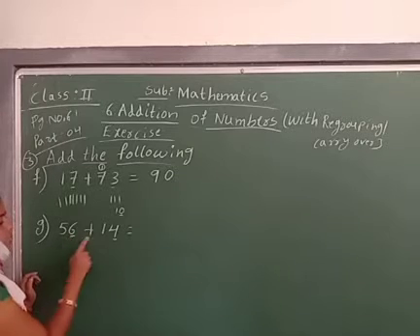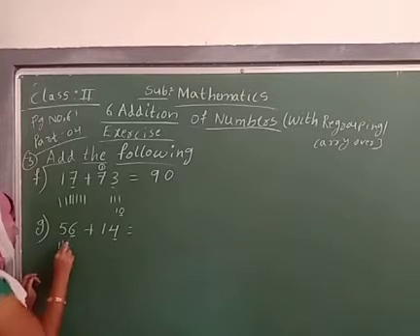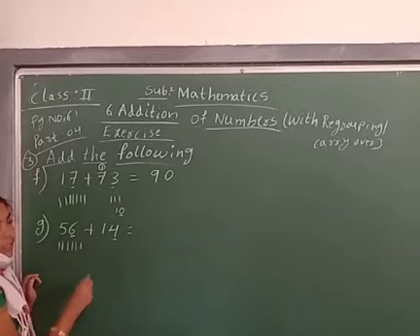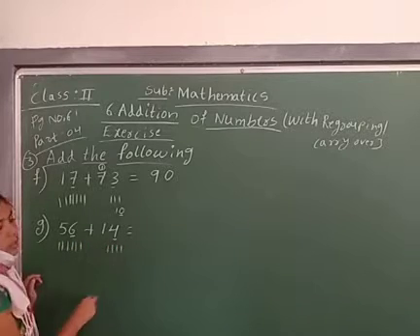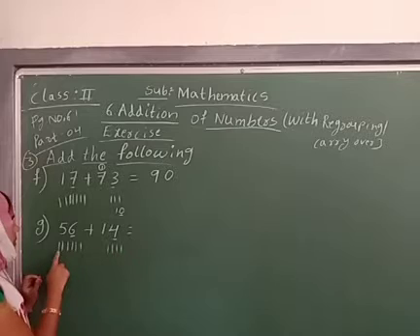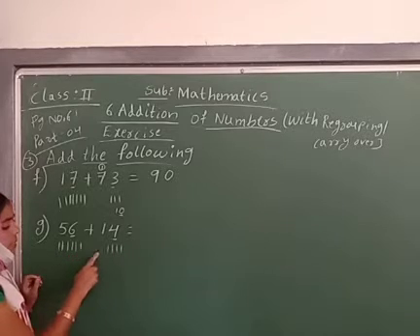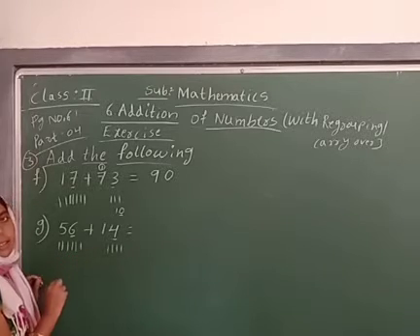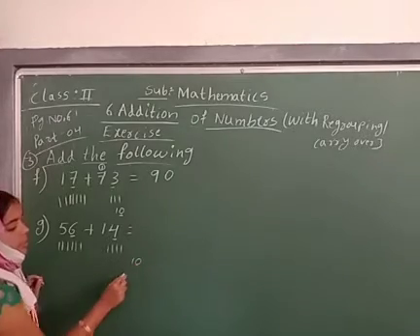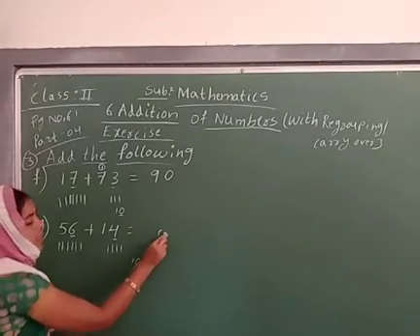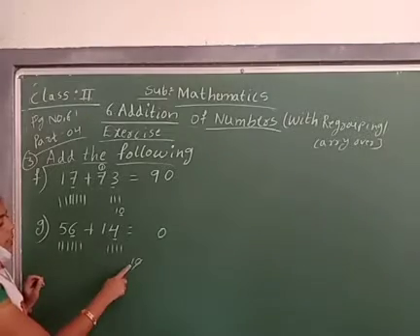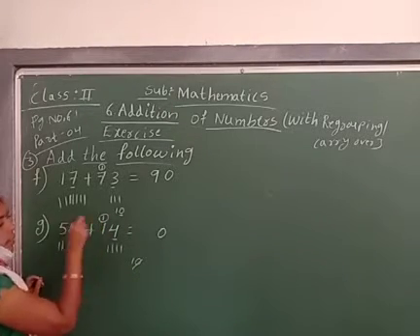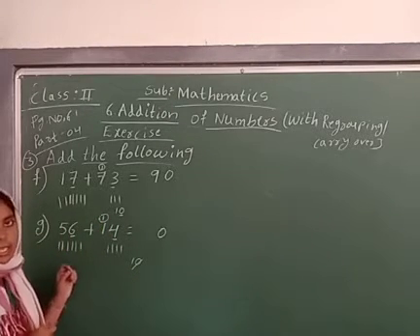Okay, 6 plus 4. 1, 2, 3, 4, 5, 6. 1, 2, 3, 4. Let us count all. 1, 2, 3, 4, 5, 6, 7, 8, 9, 10. 10. Here also we get 10. So 0 in 1's place, 1 is carried. Do you understand, children?